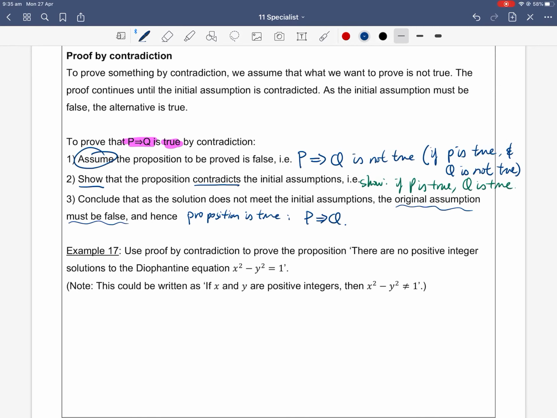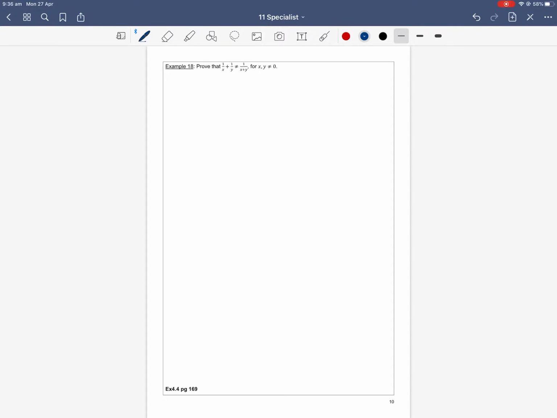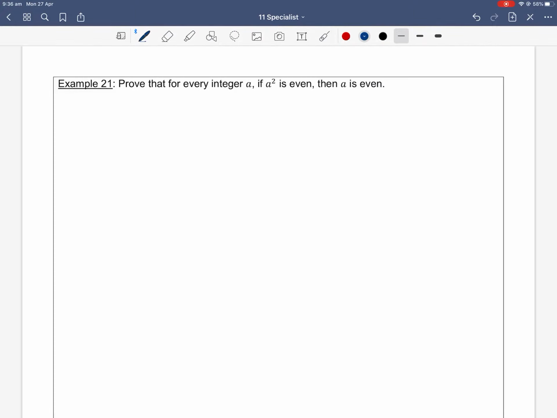In other words, P implies Q is true. It feels a little bit confusing right now, so we're going to jump straight into an example to show how we can use proof by contradiction to prove a mathematical statement. I'm going to do the example on page 12 first, example 21, because it's just much easier to do.